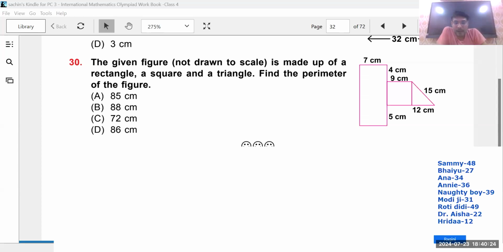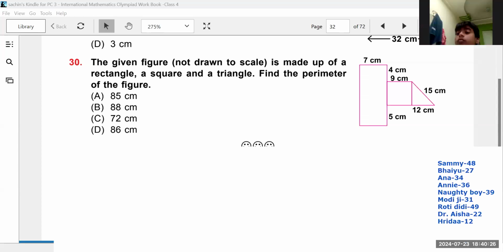Rida, beta, stop talking and start doing. Again, Rida. What is the problem, Rida?